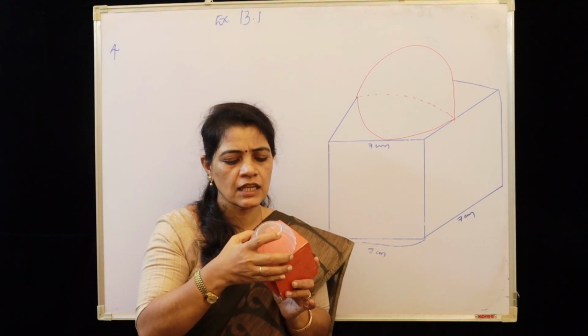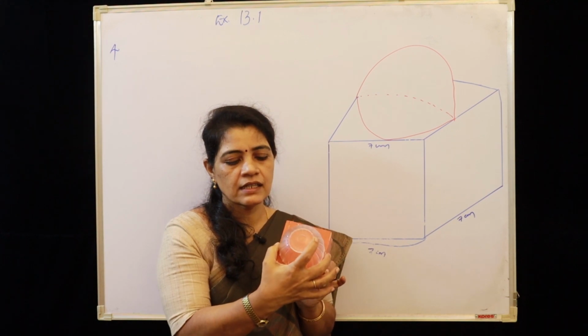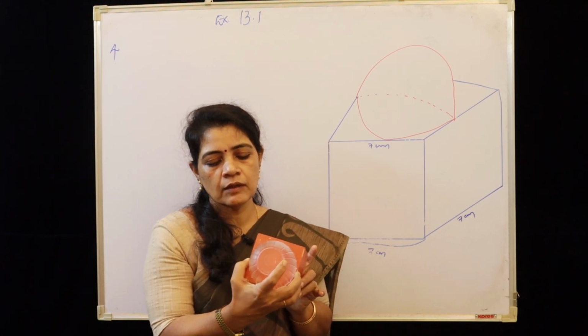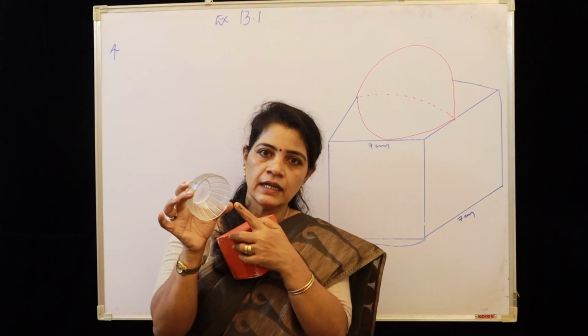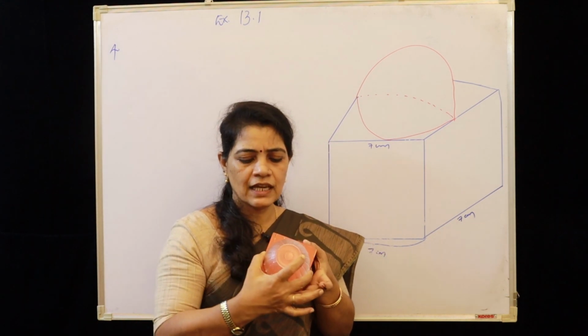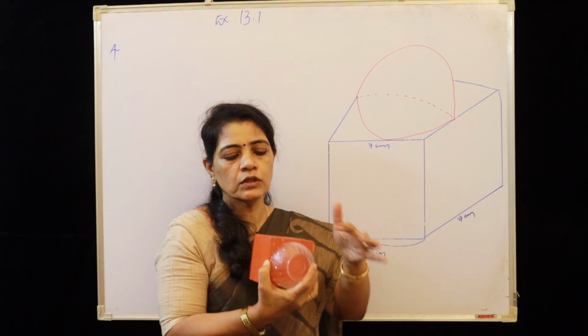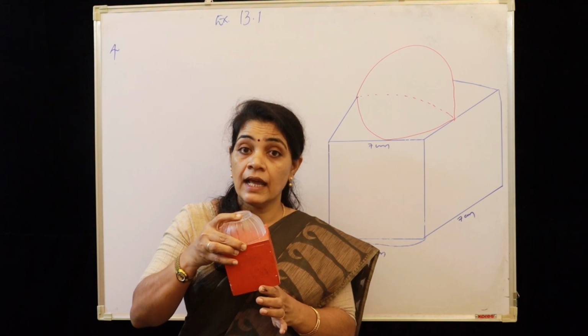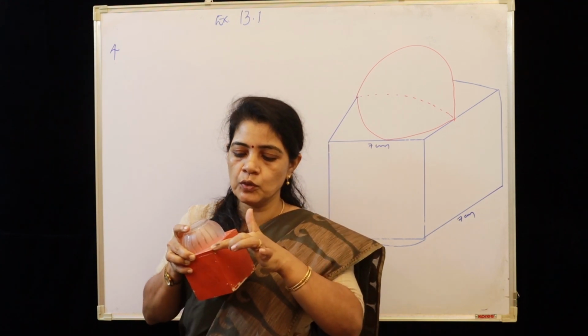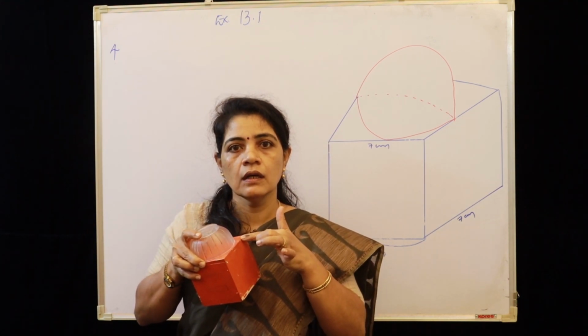If I keep this one, children, let us see. After placing this hemisphere, you can see that the diameter, which has two endpoints, has both ends exactly touching both ends of the cube. That means the diameter must be equal to the side of the cube.